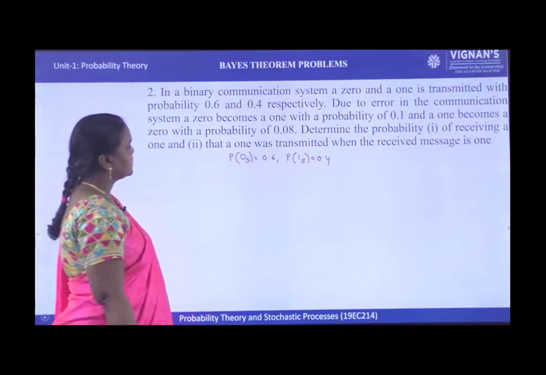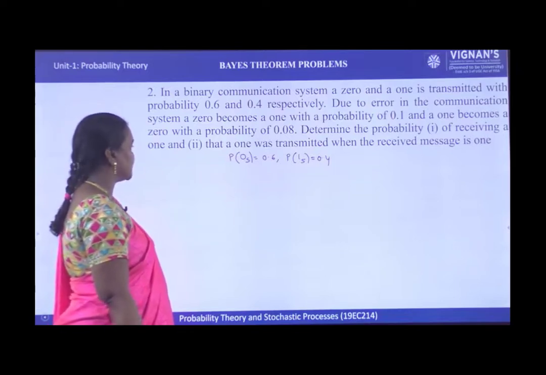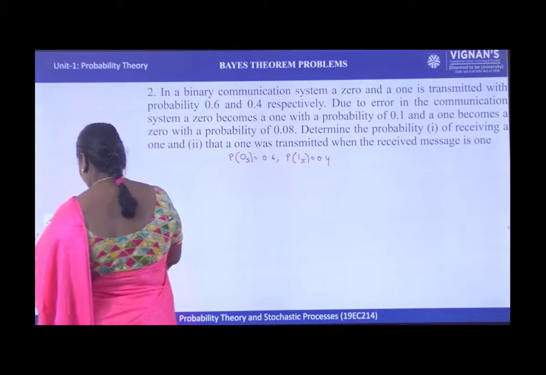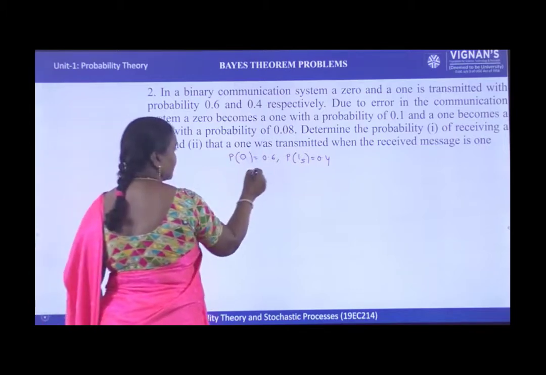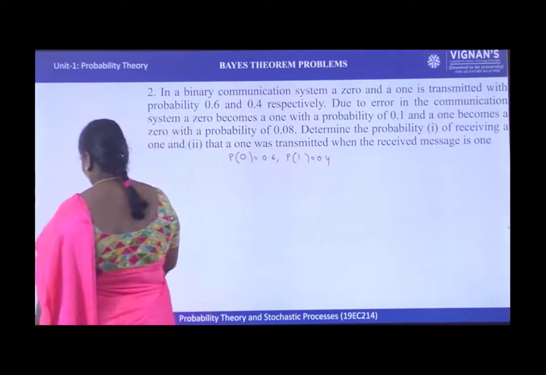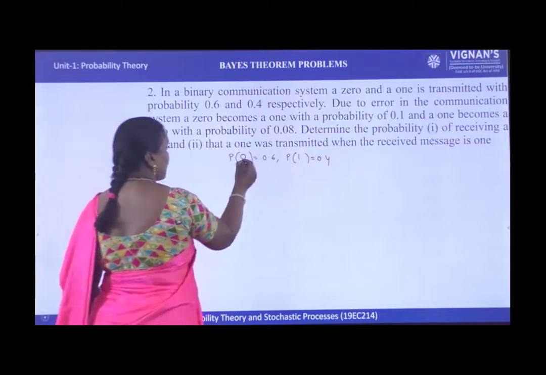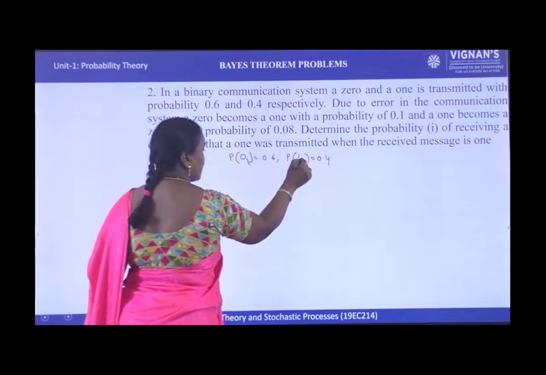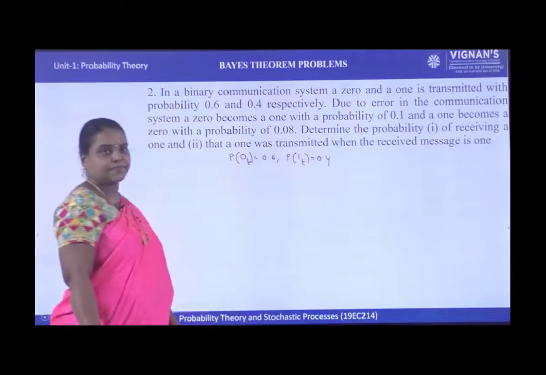Next, or they are saying transmitting, so let us use that notation. So probability of transmitting 0, probability of transmitting 1.